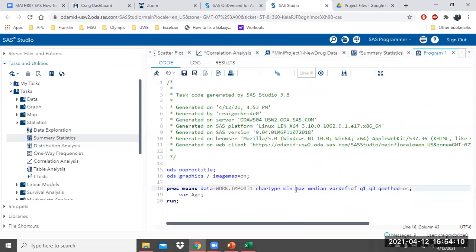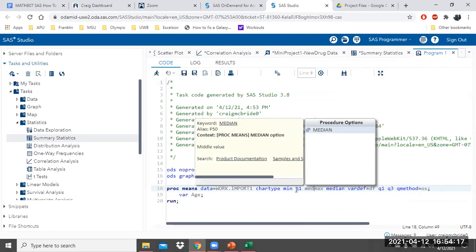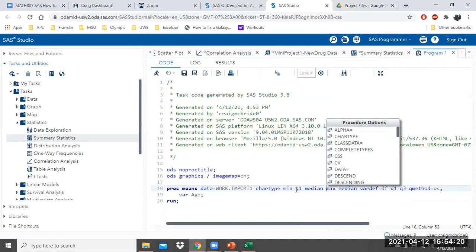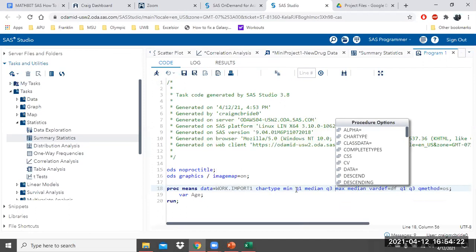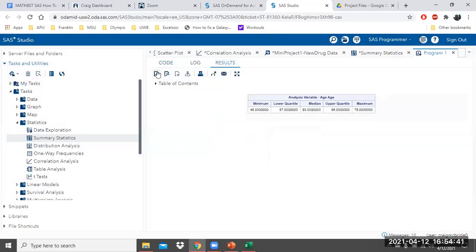So you want minimum, then Q1, then median, then Q3, then max. I'm just going to get rid of everything where it's written. So there we go, we got min, Q1, median, Q3, max. And if we run this one, now it's in the proper order.